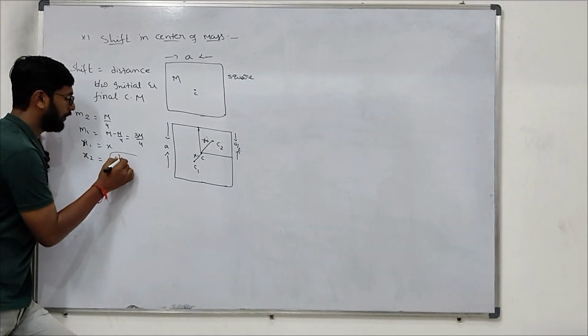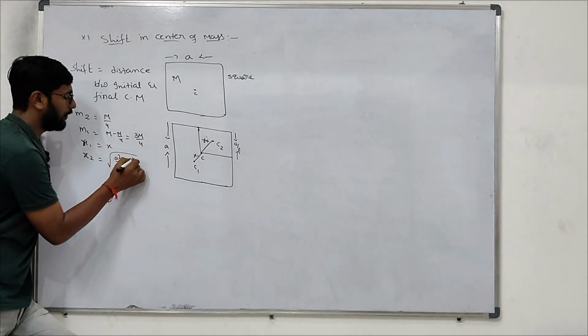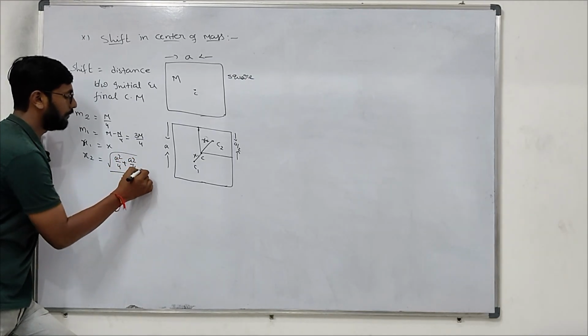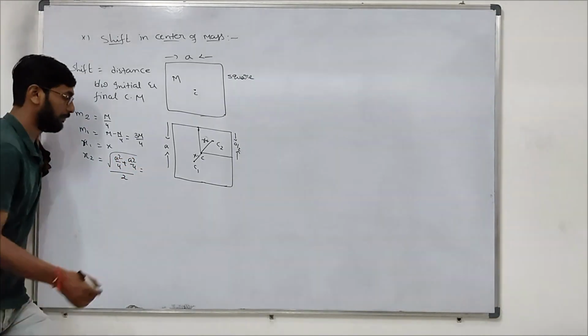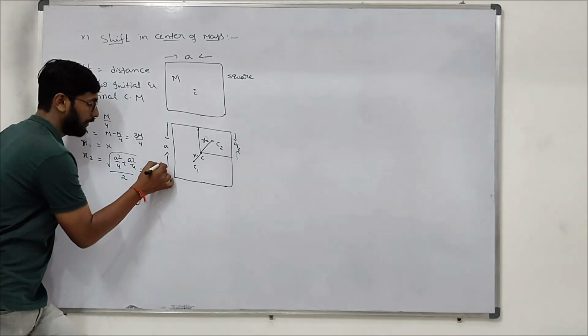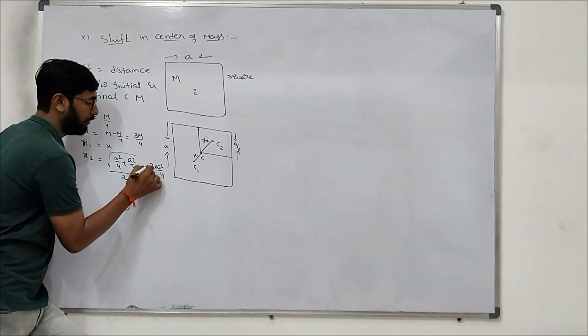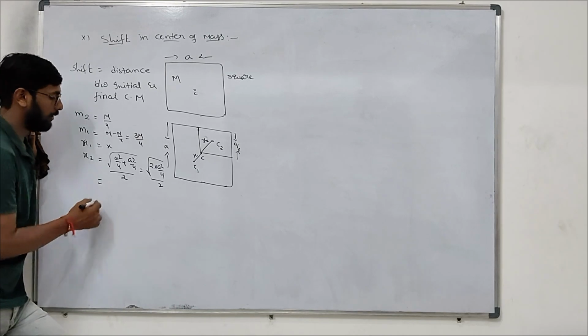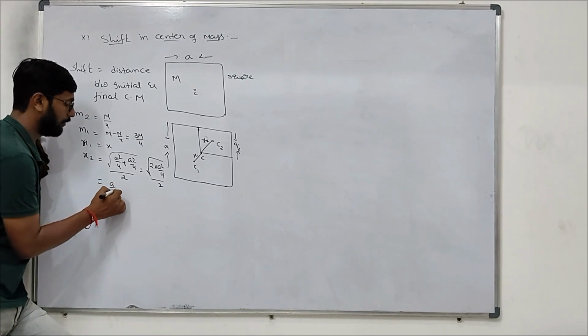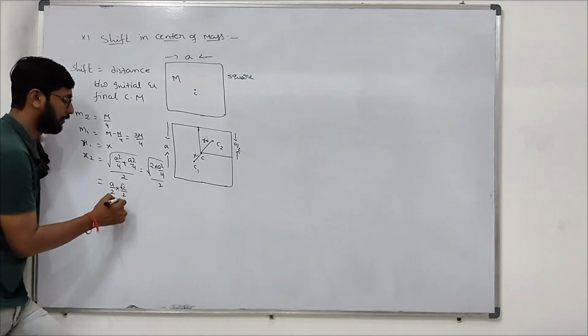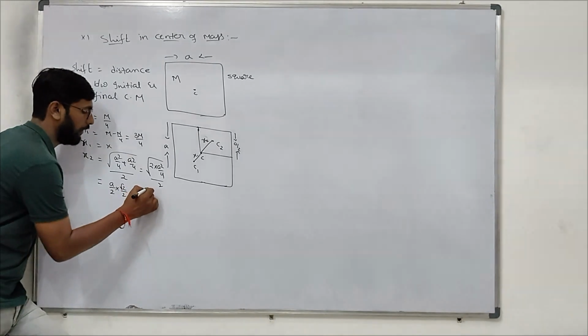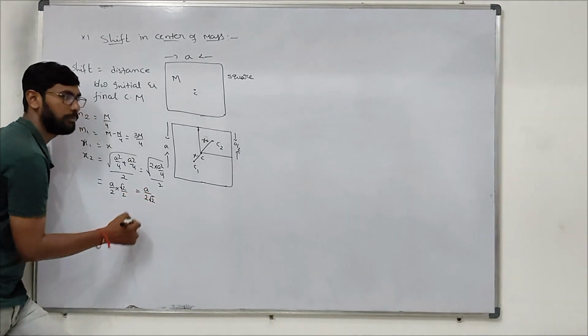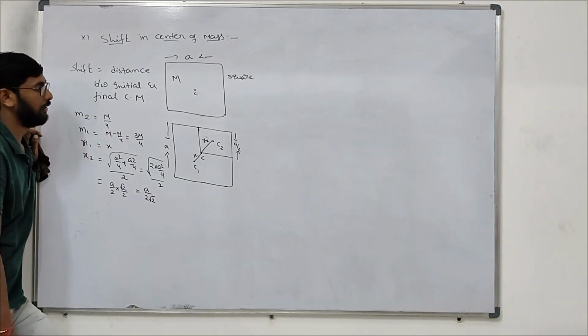So it will be square root of A square by 4 plus A square by 4, whole by 2. That means square root of 2 into A square by 4, by 2. That means A by 2 into root 2 by 2. So A by 2 root 2. Right?